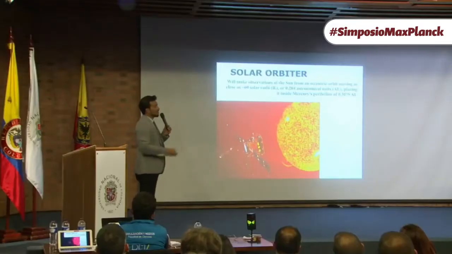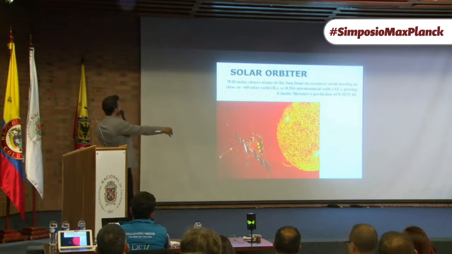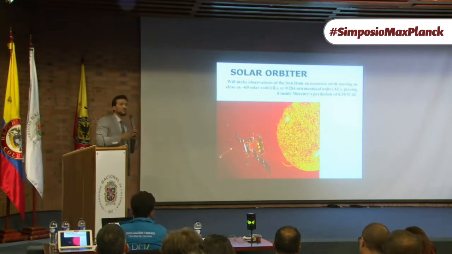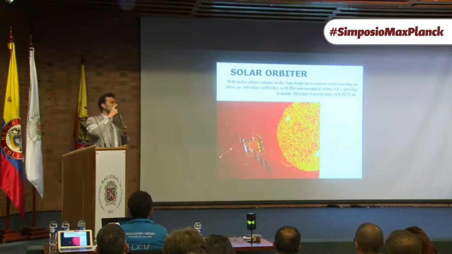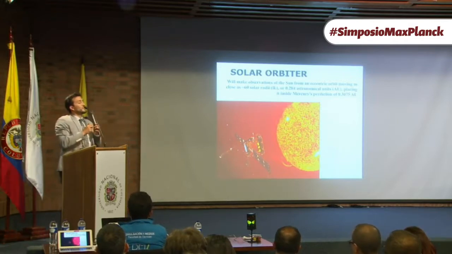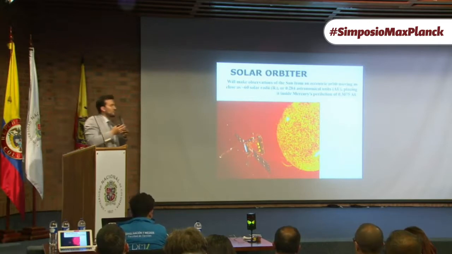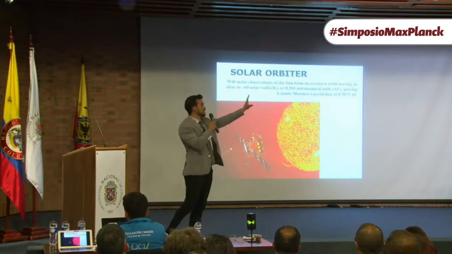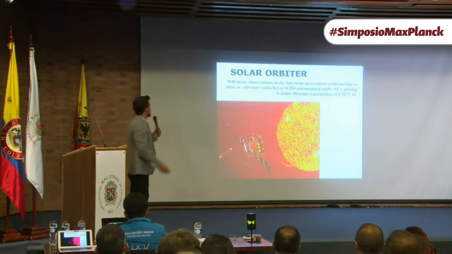And we have the Solar Orbiter mission, which is going very close to the sun, but is going out of the ecliptic. So for the very first time, we are going to see the poles, probably the very top part of the sun, which is very interesting because we don't know exactly how it's behaving. We always look at the line of sight of the sun, I mean the solar disk.